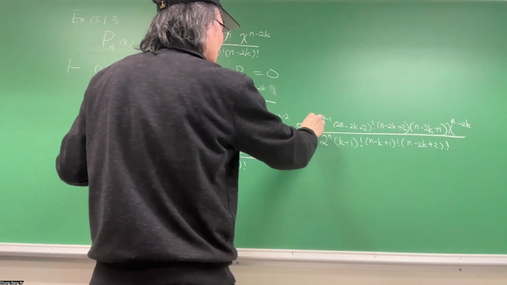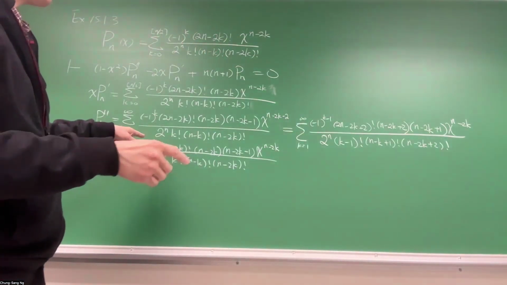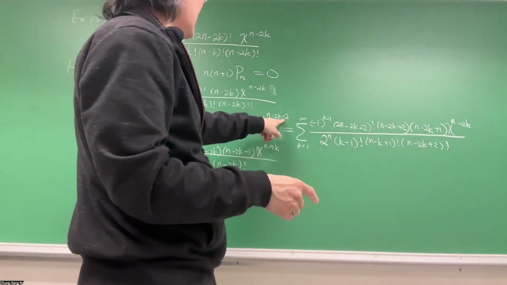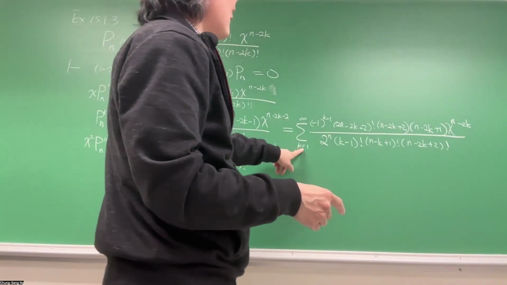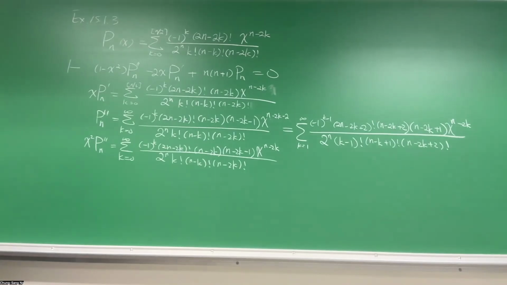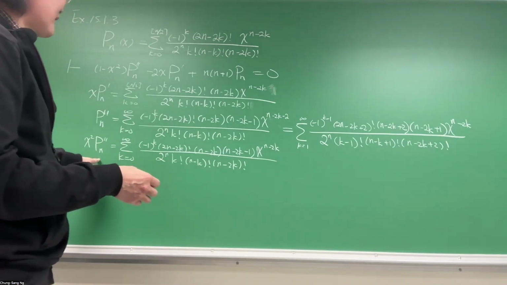See if I got it correctly. So the new k starts with 0, the 0 term is n minus 2. And if your new k starts with 1, so the first term is n minus 2, right? Correct.